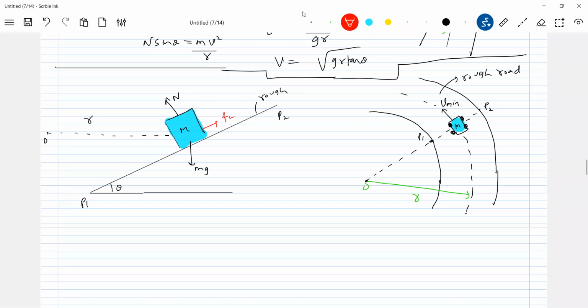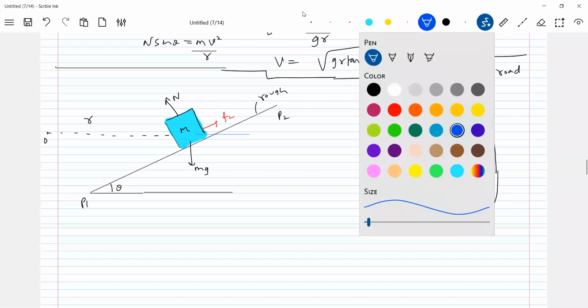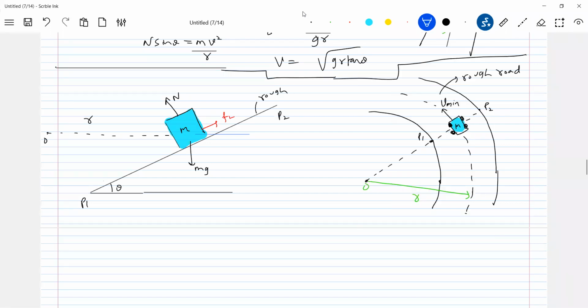How should the pseudo force, or the centrifugal force, act? It is m v minimum square by R. We have to equate the forces along the incline.